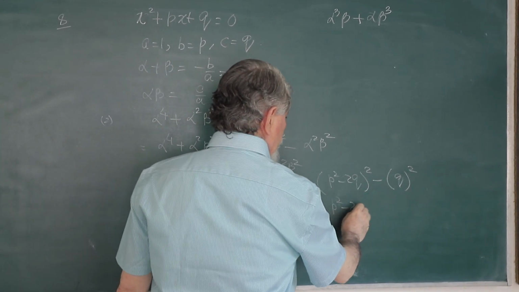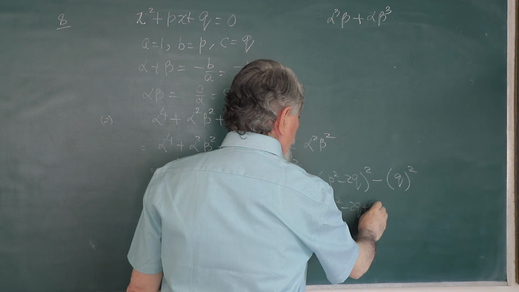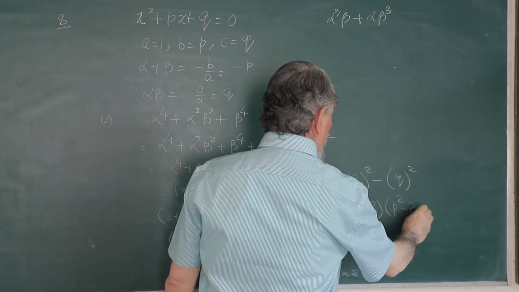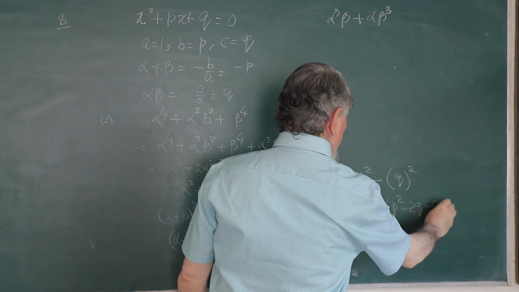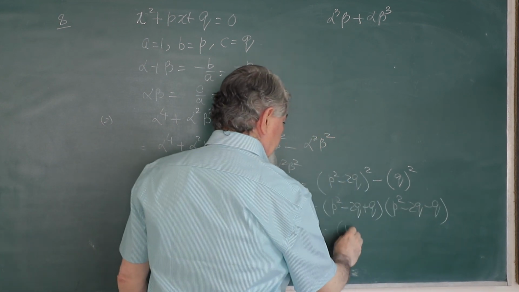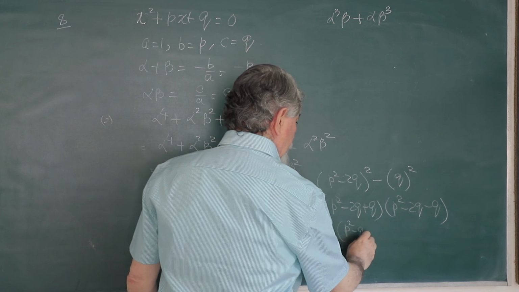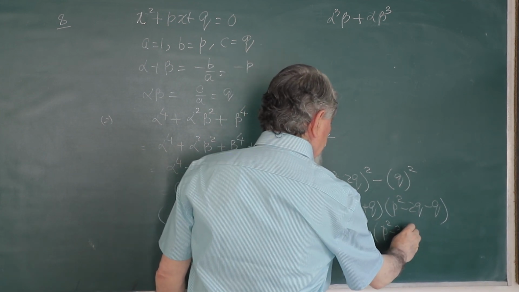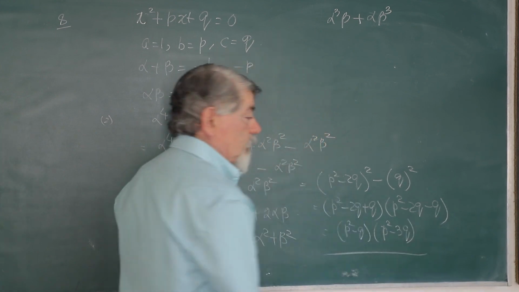P square minus 2q plus q, one factor, and p square minus 2q minus q, another factor. It will become p square minus q, and it will become p square minus 3q. This is your answer.